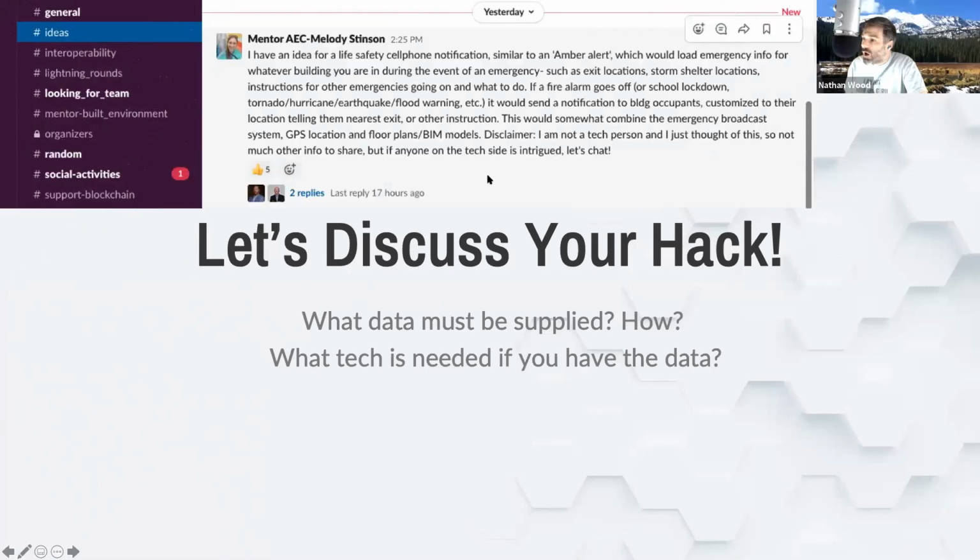So I saw this one here. An interesting idea about a safety cell phone notification, sort of an Amber Alert, which would load emergency info for whatever building you have. I think this is a great one, and it really looks at the supply chain of data: where would you get that information about what doors are emergency exit doors versus normal exit doors? And again, that stuff is inherently within Revit, but actually checking for it, where it comes from and who's providing it.